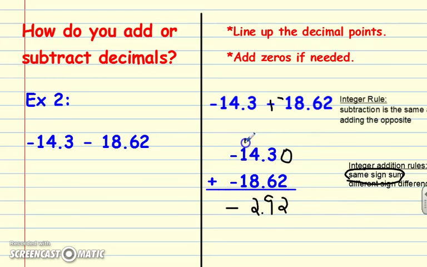Carry a 1. We get 1, 2, 3. So negative 14 and 3/10 minus 18 and 62 hundredths turns out to be negative 32 and 92 hundredths.